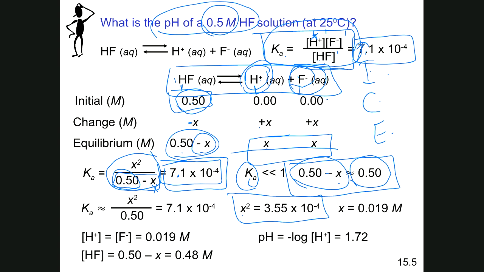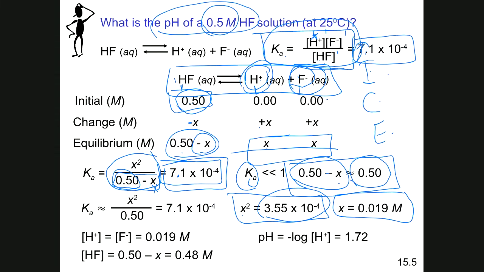And what is that X? It is the concentration for H plus, and the concentration for F minus. The question is asking for pH, so I don't need to say this is equal to the concentration of F minus. But if the question asks what is the concentration of F minus, then you say it's the same number.